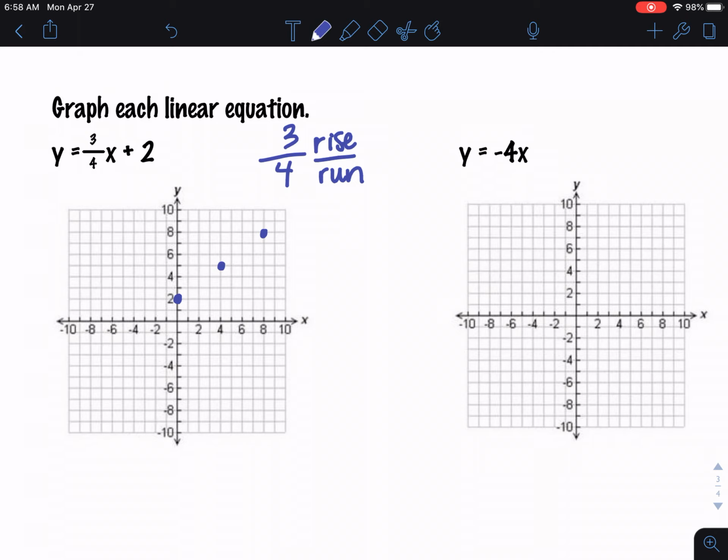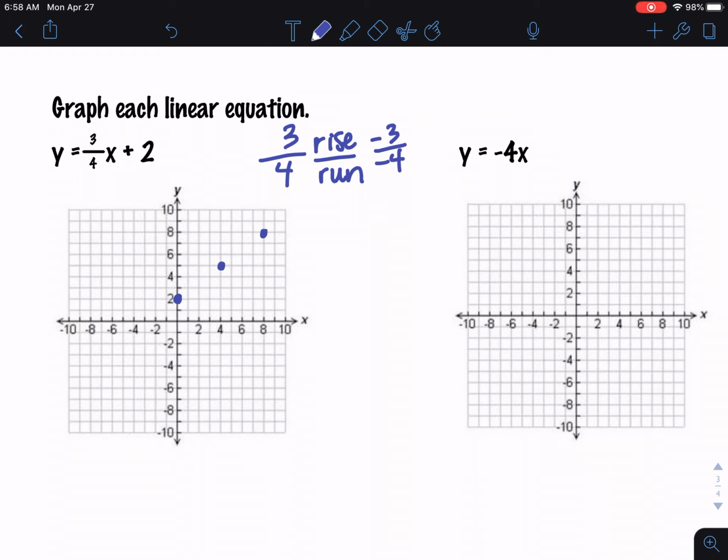Another form of the fraction 3/4 is negative 3 over negative 4, because those two negatives would cancel out, and that still is representing a positive 3/4. This also tells me that I can stay in that consistent slope by rising down 3, because a negative rise tells me to go down, and to the left 4 units, because a negative run is telling me to go to the left.